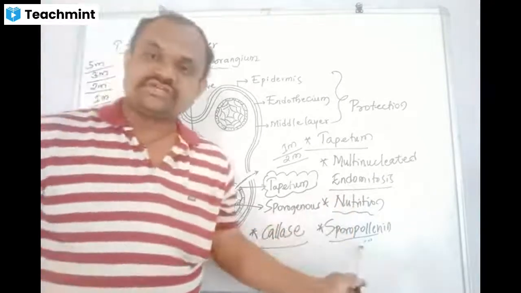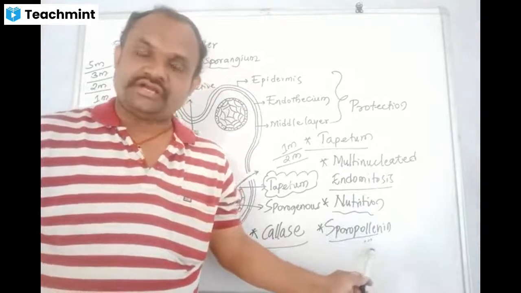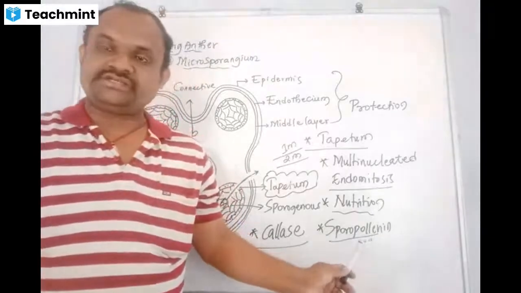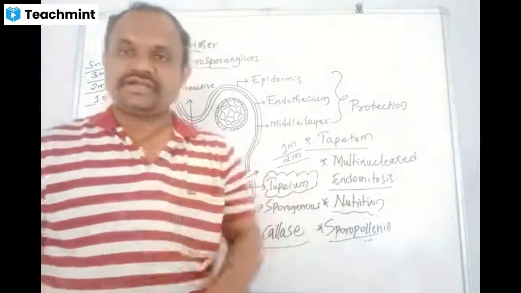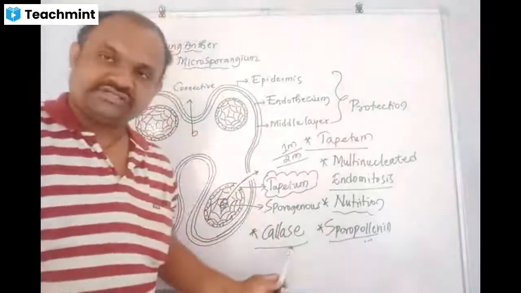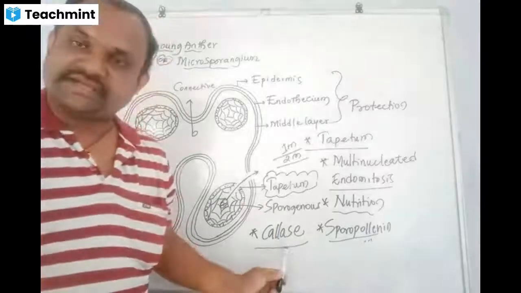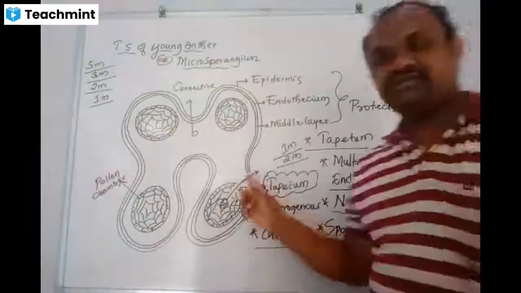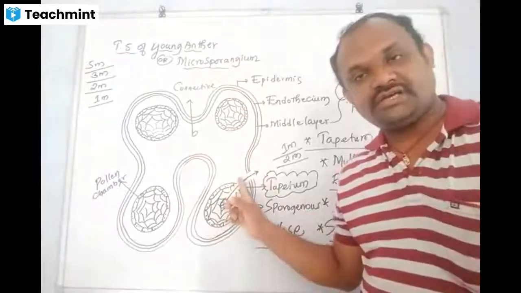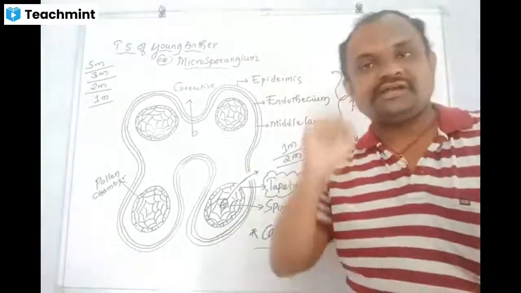The third function is that the tapetum cells secrete sporopollenin, an organic resistant material present in the pollen grain. And the last function is that the tapetum cells secrete the callase enzyme, which dissolves the epidermis, endothelium and middle layer and helps the anther release the pollen grains.